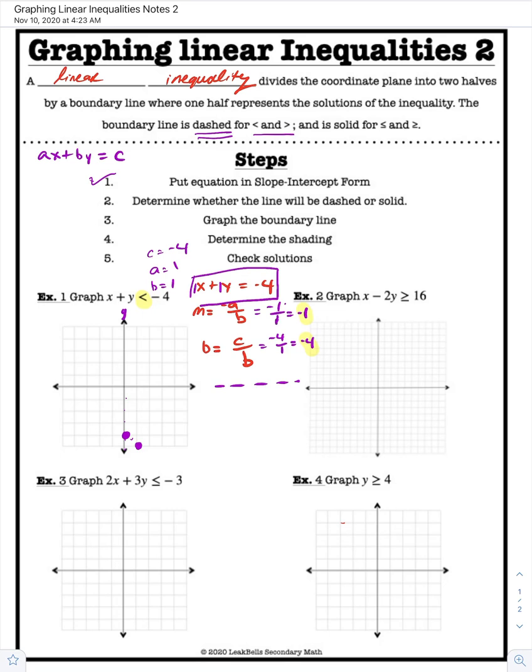And this is the run right here. And since it's positive 1, we go right 1. Or we can go in the reverse order. Go up 1 and left 1. All right, that's another way of doing it. All right, and then do our dashed line.